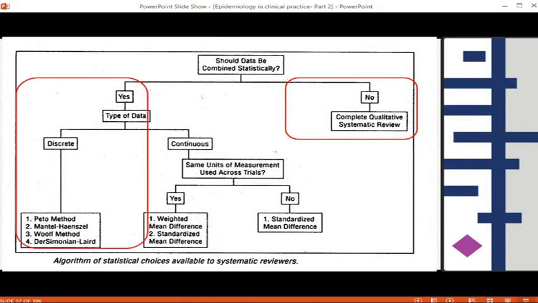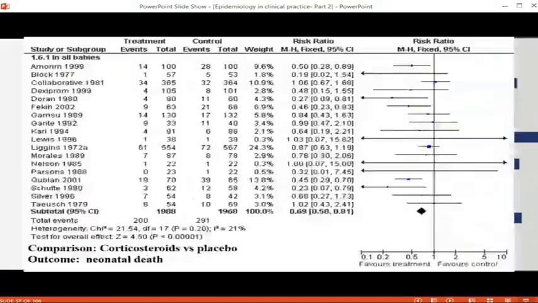If you find, yes, I have data which is comparable, then depending on whether the data is discrete, like binary data, yes, no, alive, dead, the standard statistical method is the Mantel-Haenszel method for pooling data. There are other methods used in different situations, but the common default option is Mantel-Haenszel, or MH. Okay, and you can pool relative risks and odds ratios and risk differences.